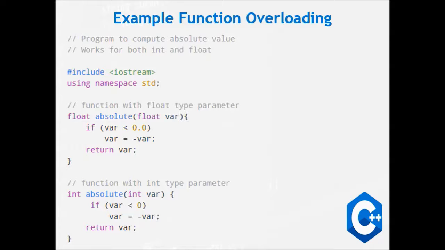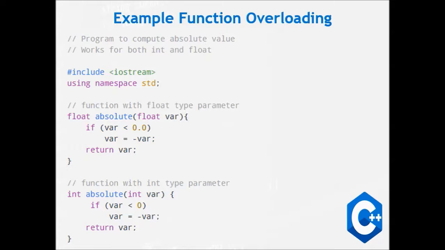Let's have an example for function overloading. After declaring our header files, we declare a function float with the name absolute, and we pass it a parameter of type float. So this is a function with a float type parameter.